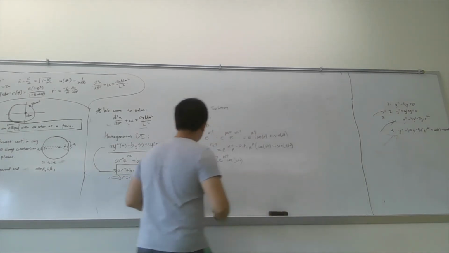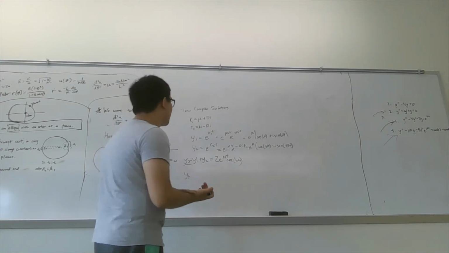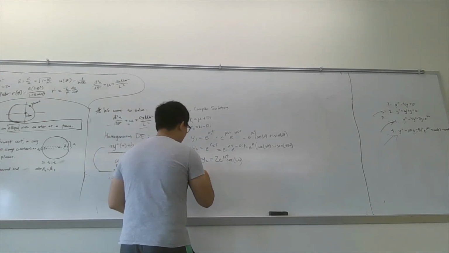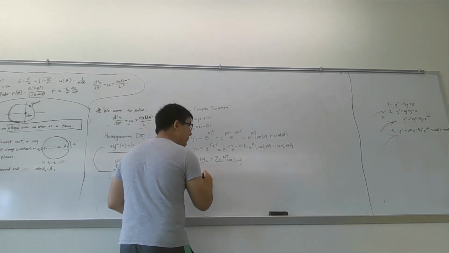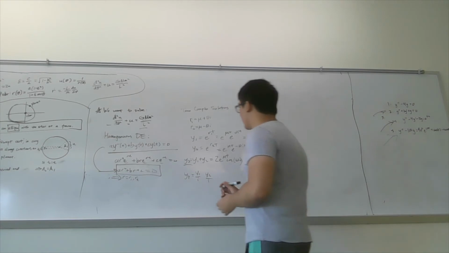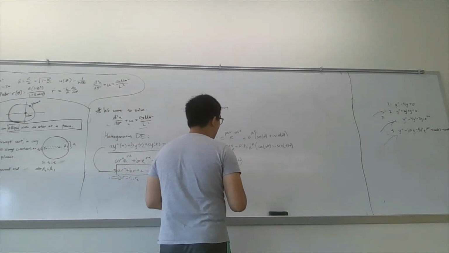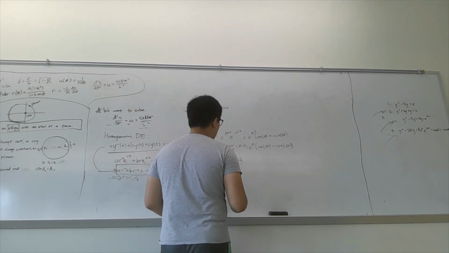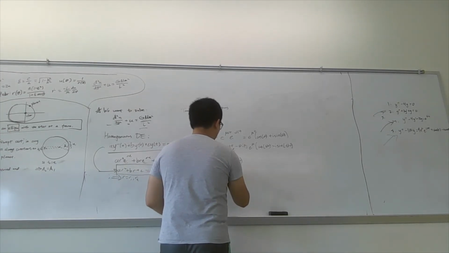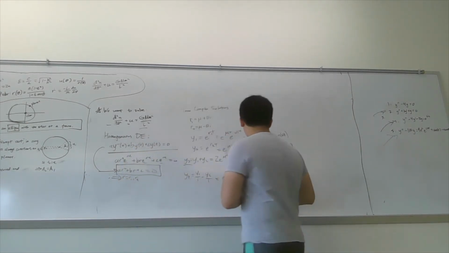Now we just have to find another one, and we can divide each of these solutions by i. How do we do this? We would have to subtract them. That would give us this.